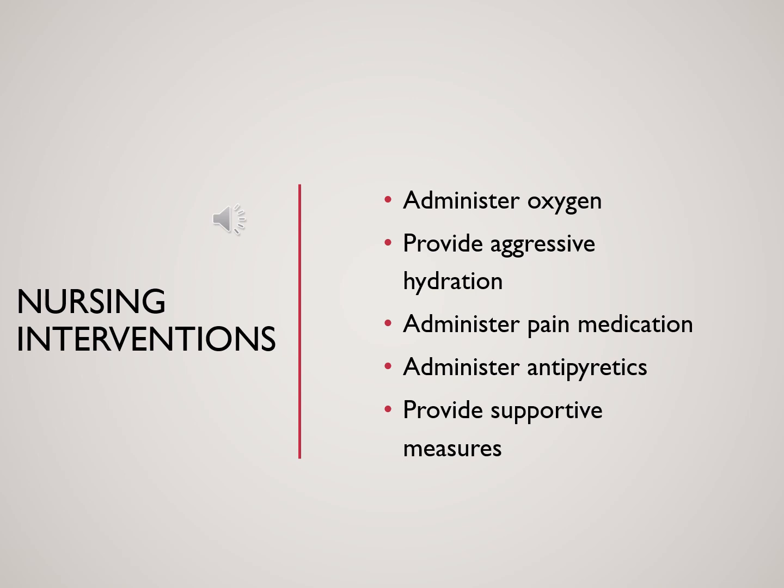It's very frightening to all people, so the nurse needs to provide emotional support and be cognizant of the possible issues. So the priority with these patients is going to be administering oxygen and managing pain.